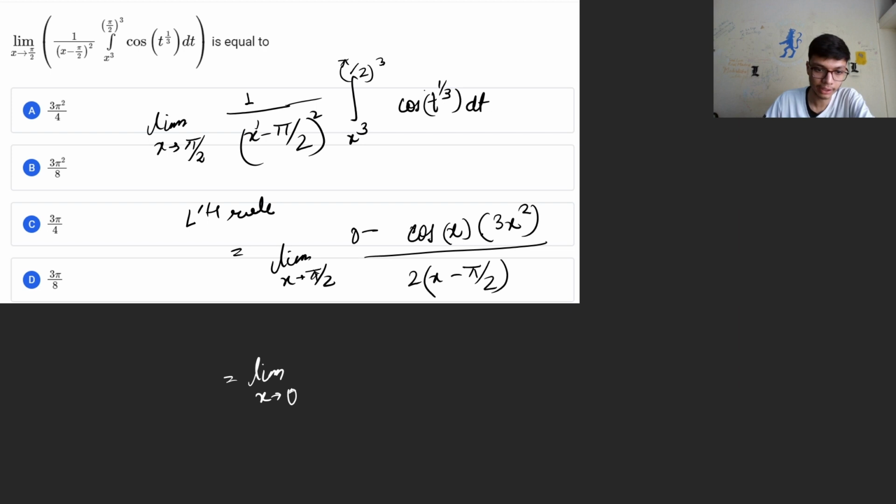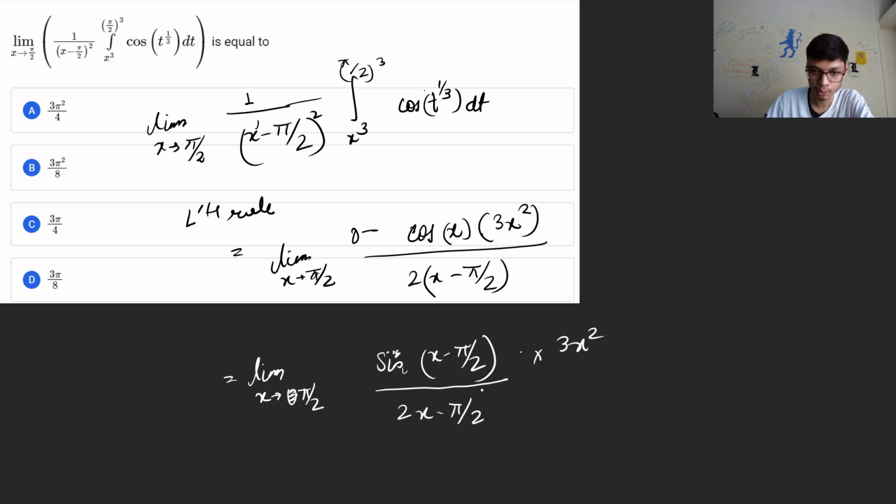So that is x tending to pi by 2, and if I replace minus of cos x with sine of x minus pi by 2, I'll get the result. Then multiplying with 3x square, and over here I take 2 times of x minus pi by 2.